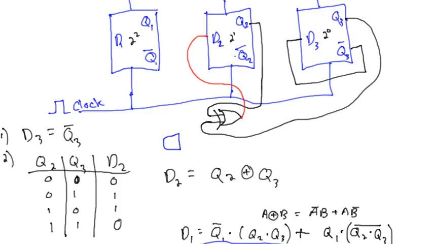There's an AND gate, and Q2 and Q3 were the ones going into that exclusive OR right there. So I'll put a dot there indicating that it's really connected to it, and a dot there indicating that it's really connected to it. Then that goes into an exclusive OR.